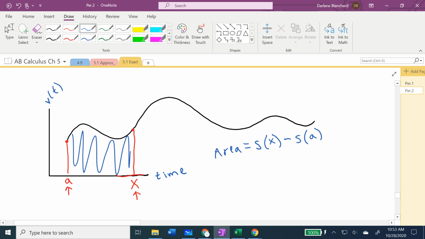And I can take this end of time and move it anywhere I want, and I can actually create a displacement function from this velocity graph based on finding the area with some particular starting point. So let that soak in a bit.